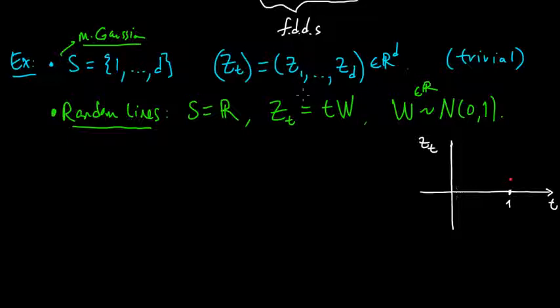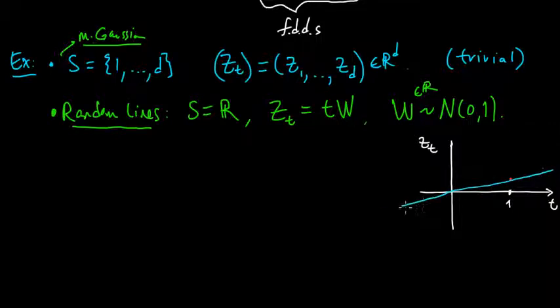And then what is Z_t? Well, Z_t is just t times W. So if W was 0.2, then when t is 1, Z_t is going to be 0.2. And when t is 1/2, then Z_t is going to be 0.1, and so on. And it's just going to follow along this straight line right here.